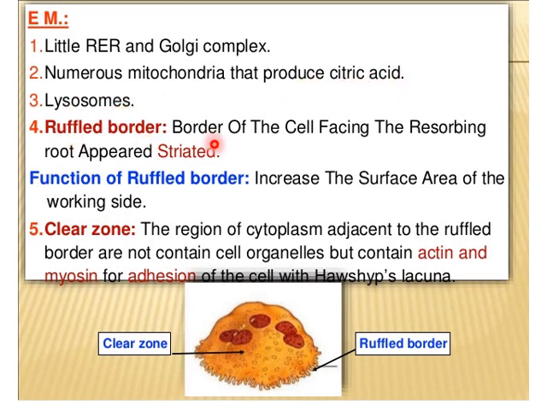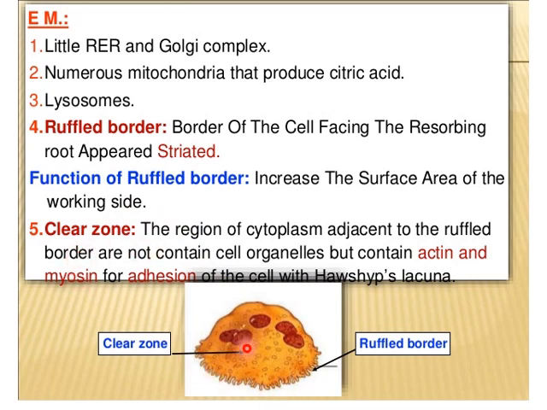The ruffled border of the cell facing the resorbing root appears striated. The function of the ruffled border is to increase the surface area of the working side. It appears ruffled, not straight, to increase the surface area of resorption in this area.